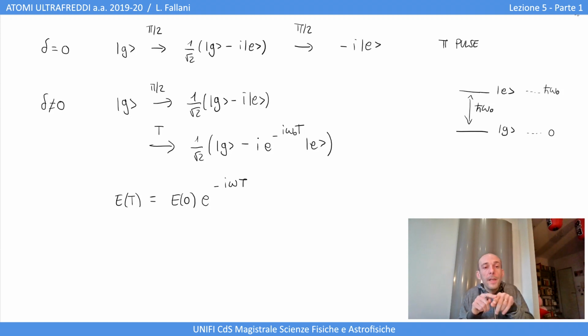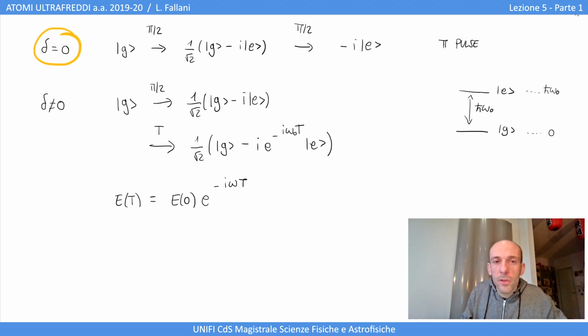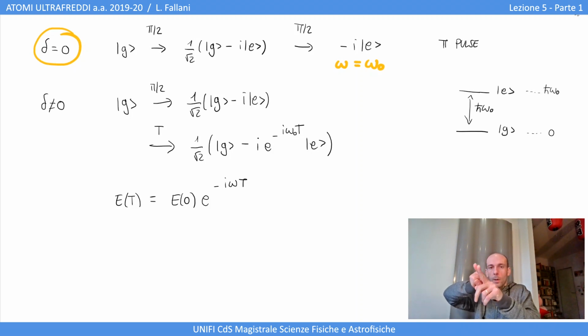that will be the electric field at time 0 times e to the minus i omega capital T. So both the field and the atomic superposition will evolve in time. But while in the first case they evolved in time at the same speed, because delta equals 0 means that omega is equal to omega 0, the rotation will be in phase at all times.